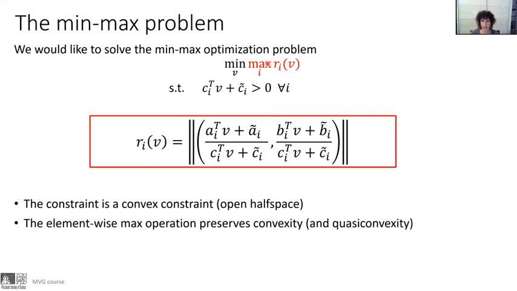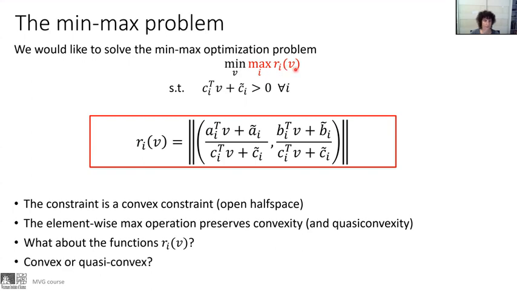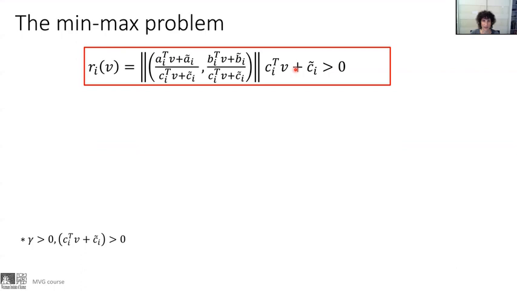And here we have an element-wise max operation. We know that if the functions are quasi-convex, then the function which is the maximum over these functions is also quasi-convex. So if we show that r_i(v) is quasi-convex, then the maximum is also quasi-convex. That's what we are going to show. I claim that r_i(v) is a quasi-convex function.